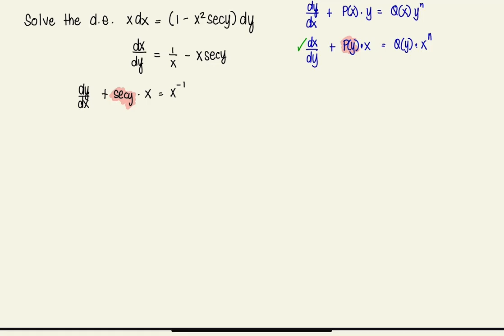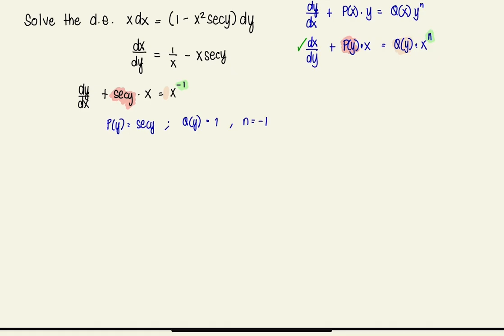So the right side is just x raised to the power of n, which means that q of y is just the number 1. And so our n is the exponent of x here, which is negative 1. Listing that, p of y is secant y, q of y is equal to 1, and the value of n is negative 1.